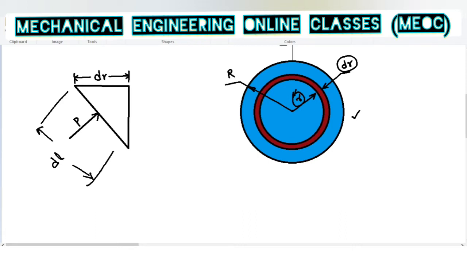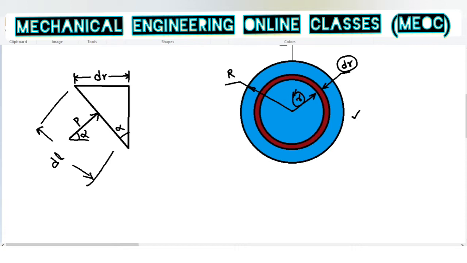What is the angle subtended by the pressure with respect to the horizontal? It will be alpha, because this is alpha, the semi-cone angle, so that will be the same as the angle made by the pressure with respect to the horizontal.